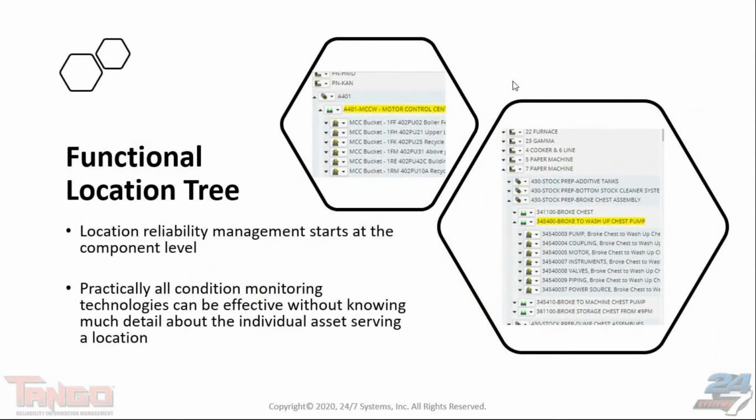For example, in the system that we produce here at 24/7 Systems, Tango, there will be a functional location tree that will take you down from a unit level to a functional service location level to the asset or machine train level, all the way down to the individual components, such as an MCC bucket, a motor, a pump, tank, a piping run, and you'll be able to do that condition monitoring activity against that location level in Tango.